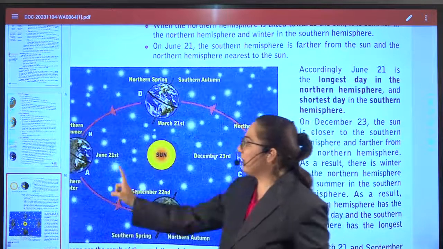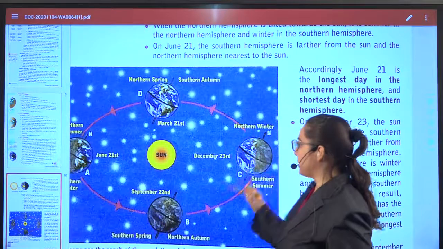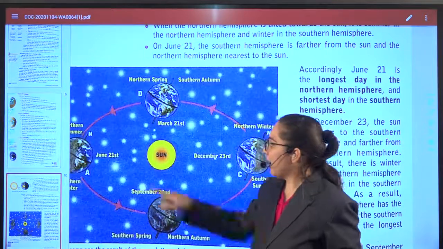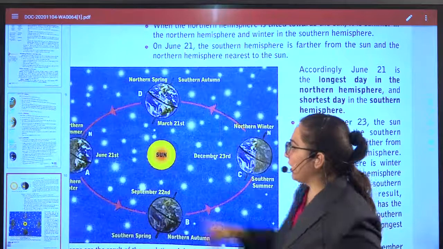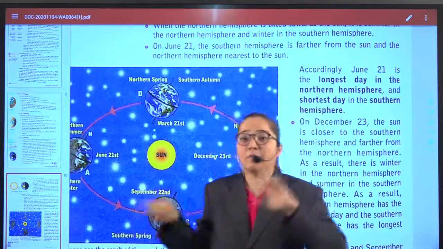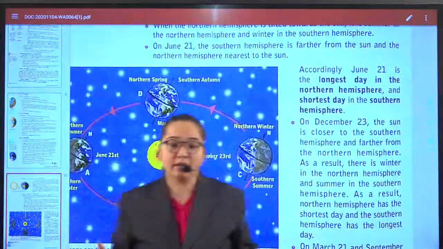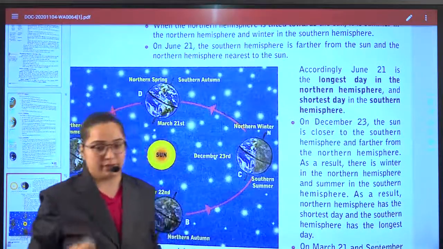So June 21, northern hemisphere में longest, and December 23rd, northern hemisphere में shortest. Okay, this is clear. अगर वो northern hemisphere में longest है तो southern hemisphere में क्या होगा, shortest. खुद ब खुद उल्टा हो जाएगा. अगर वो northern hemisphere में shortest है तो southern hemisphere में कैसा हो जाएगा, उल्टा.